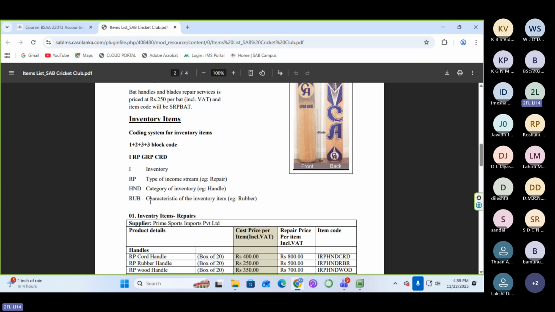Therefore, RUB is mentioned to show that it's rubber handles, right? So there are four parts of the code. First code is the inventory. Second code is the income stream. Third code is the category of inventory, and final code is the specific type, specific characteristics of that item, right?